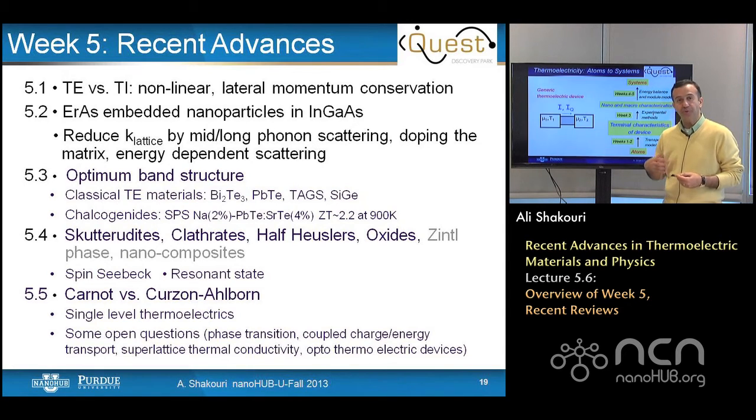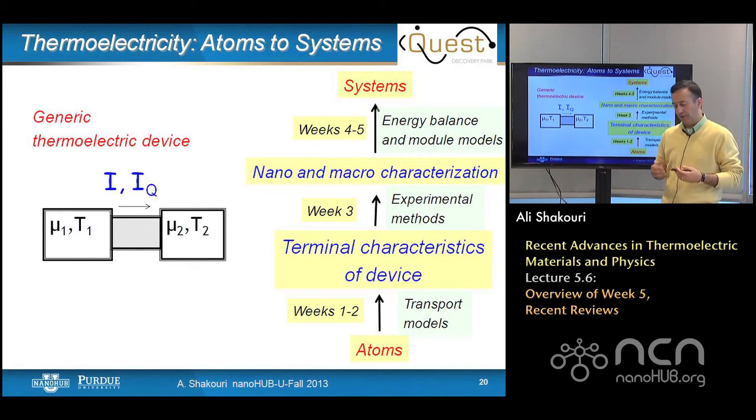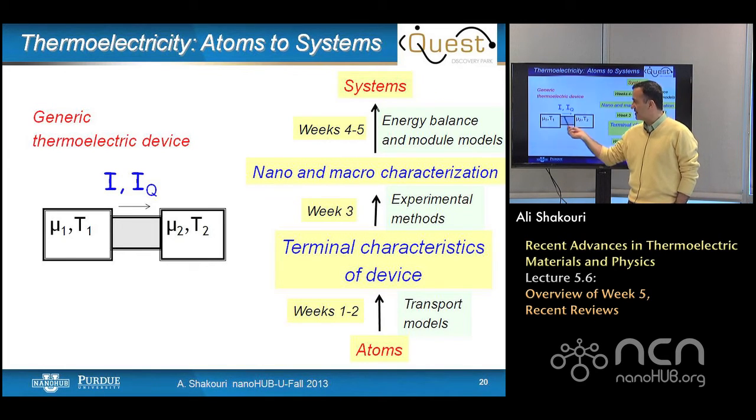Here I want to give you an overview of what you have seen during the course and how we can connect everything from the beginning. You started by looking at the atom picture of having two reservoirs at two different chemical potentials, two different temperatures.